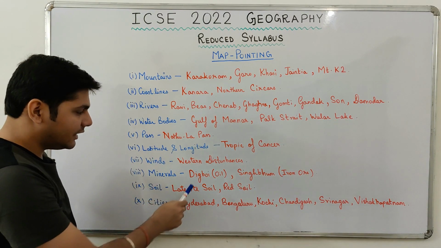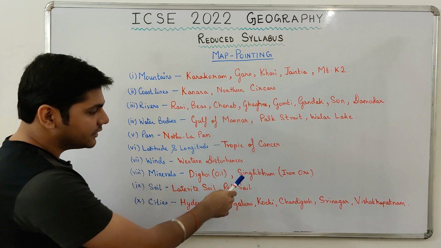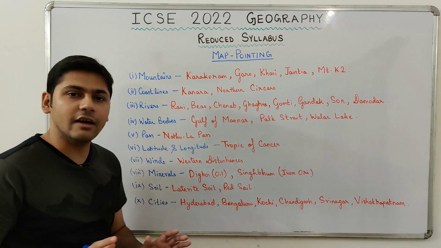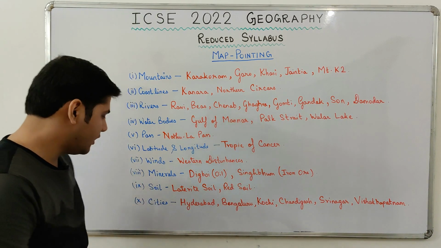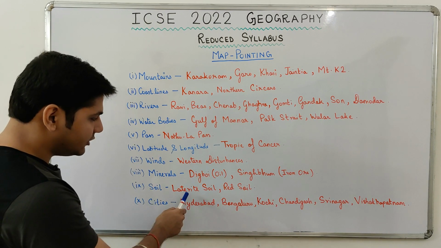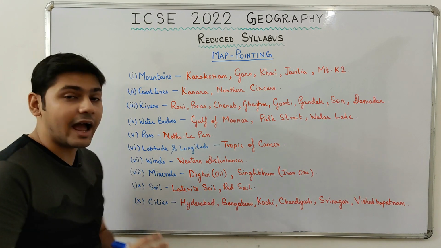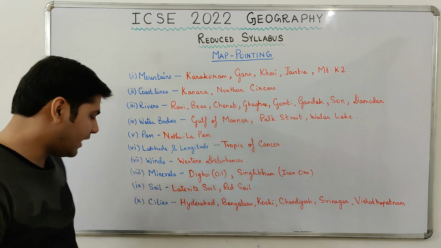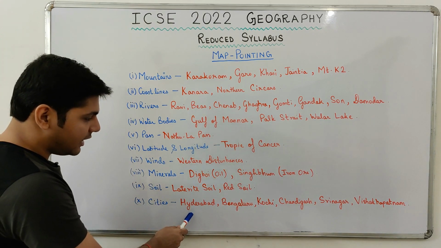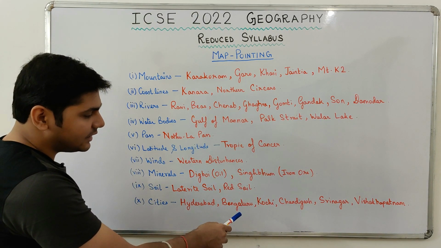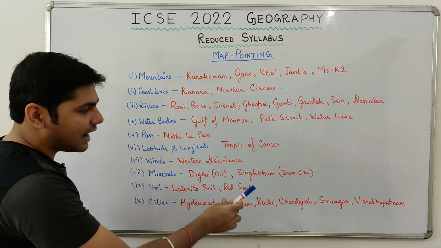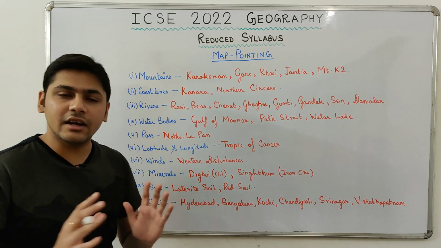From minerals, Digboi for oil and Singhbhum for iron ore have been removed. From soil, laterite soil and red soil have been removed. And finally from cities, Hyderabad, Bengaluru, Kochi, Chandigarh, Srinagar and Visakhapatnam have been removed.